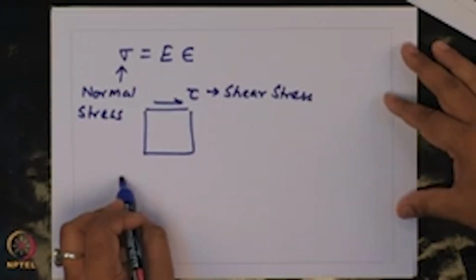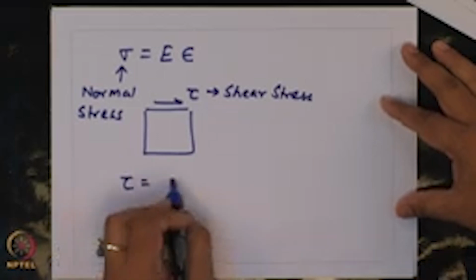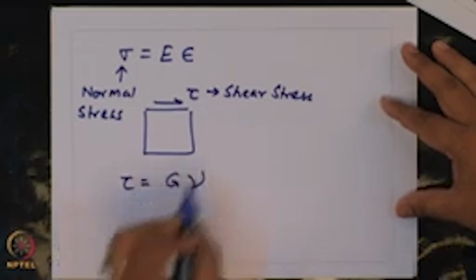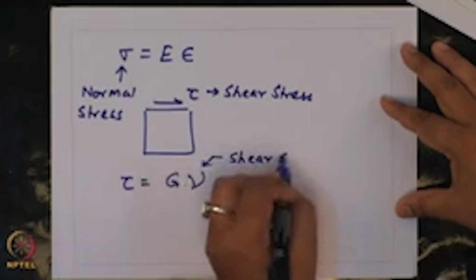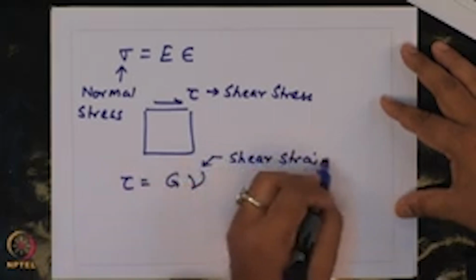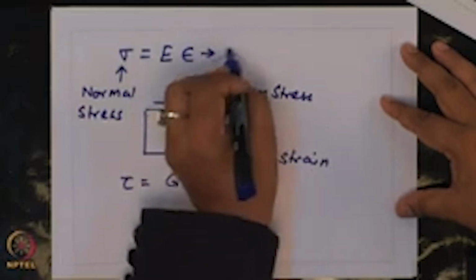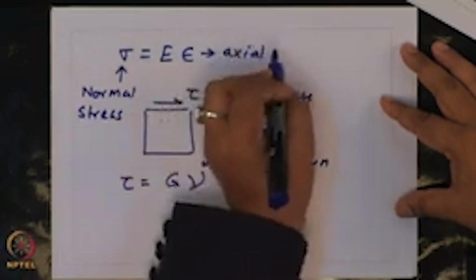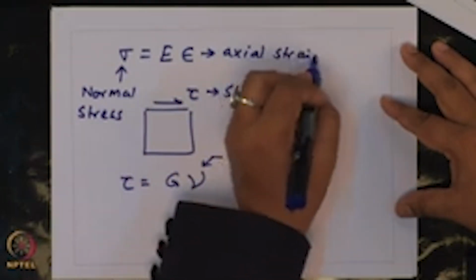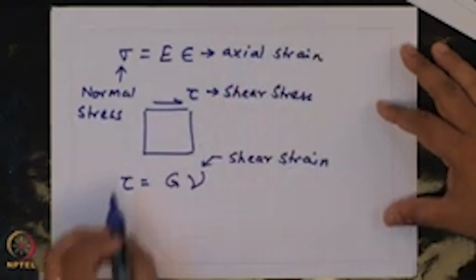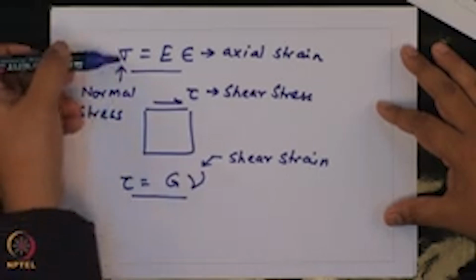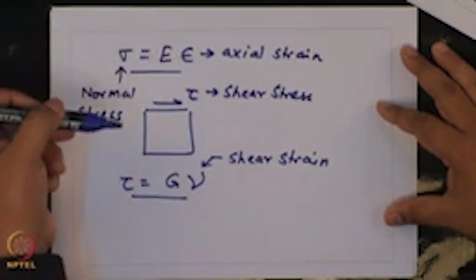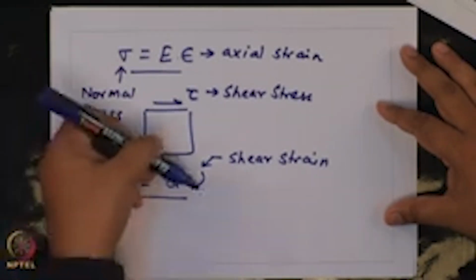So, for shear stress you can write down the equation sigma is equal to G gamma, where gamma is the shear strain. Epsilon is our axial strain. Okay. So, what you see, the equation is very similar. This is normal stress, axial strain, shear stress, shear strain.